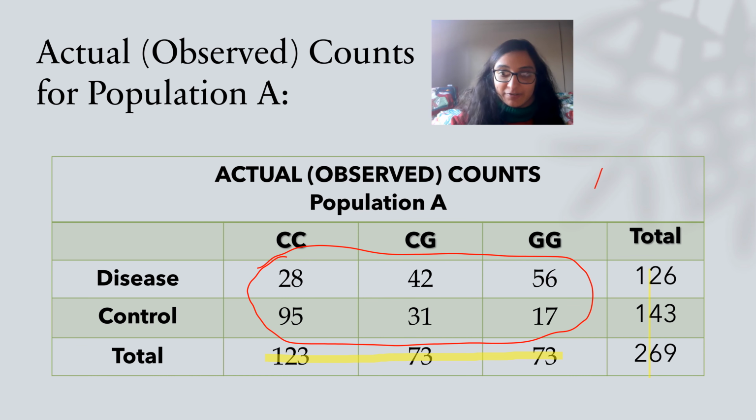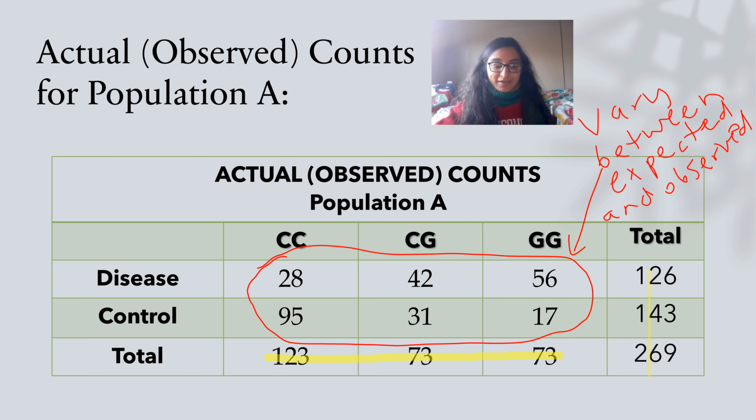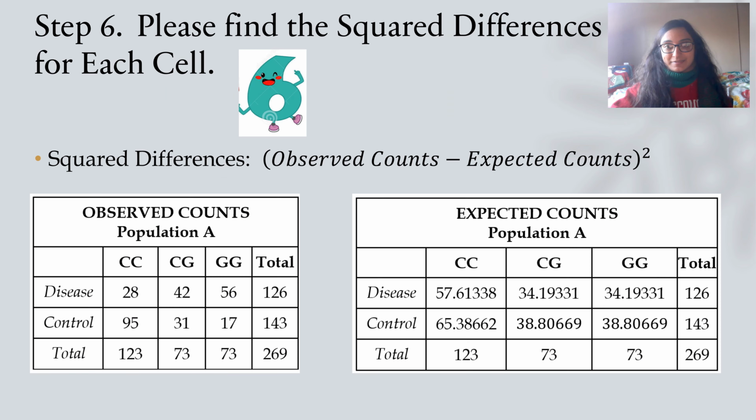So these vary between expectation and observed. Observed is the truth. That's how it works. These are the actual counts, and we have the corresponding set of expected counts.